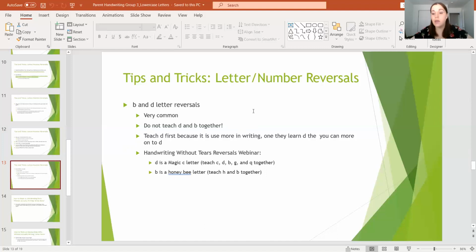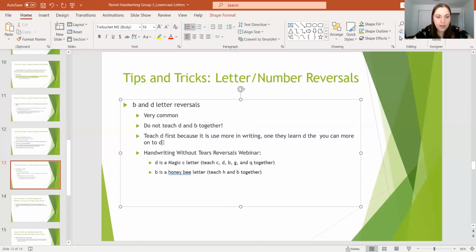So Handwriting Without Tears and myself, I always teach D first because it's used more often in writing, and kiddos typically are able to recognize it better. Once they learn D, then you move on to B. It's less used in writing, so therefore we do it second.